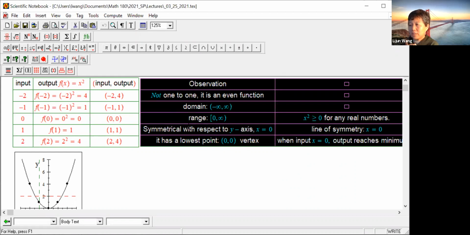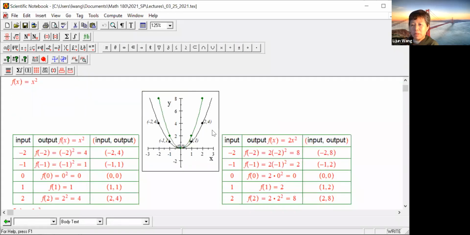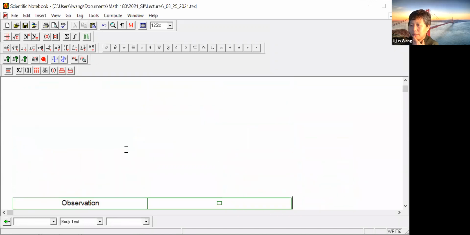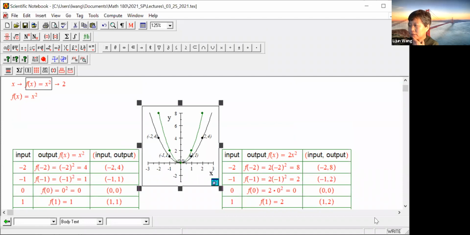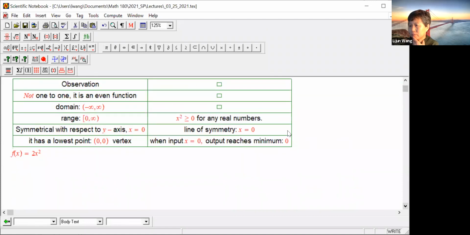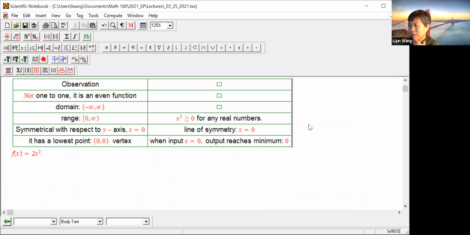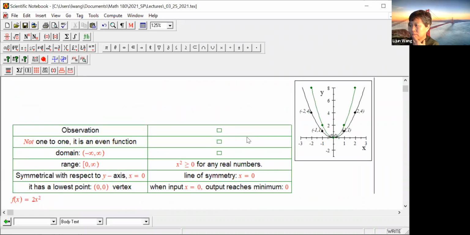Let's check the list. Can we make a check? Okay, the checklist, right? We got a checklist and we got this curve. So I'm gonna take this picture and put it next to me.